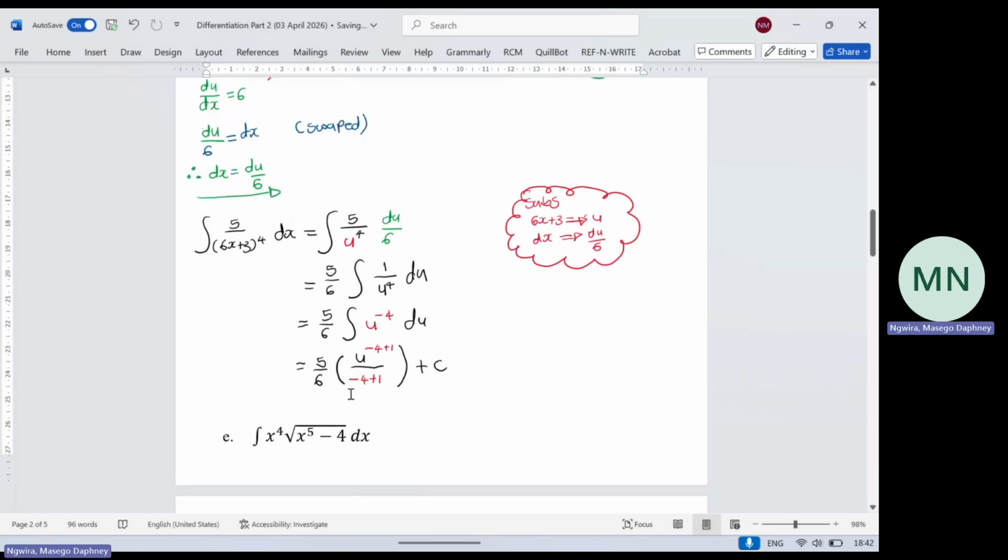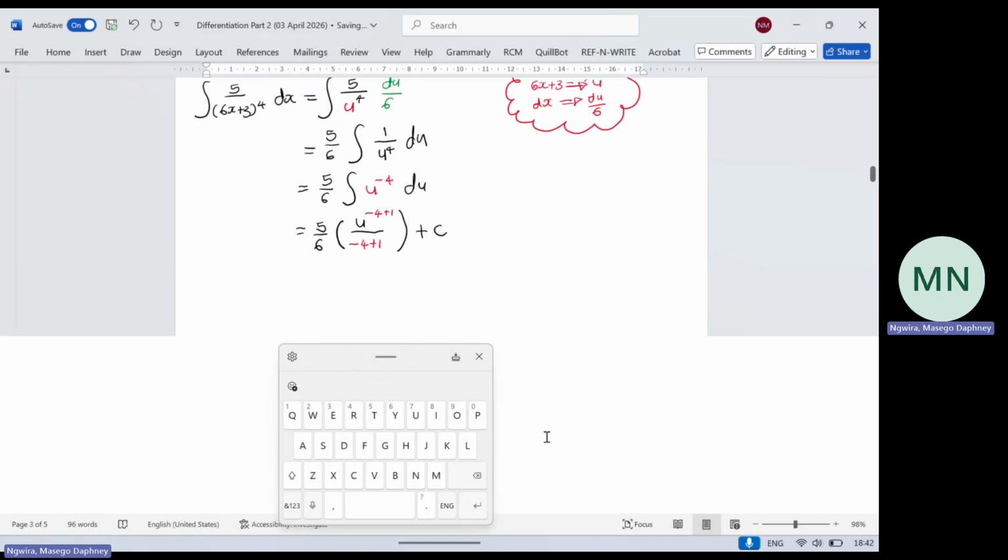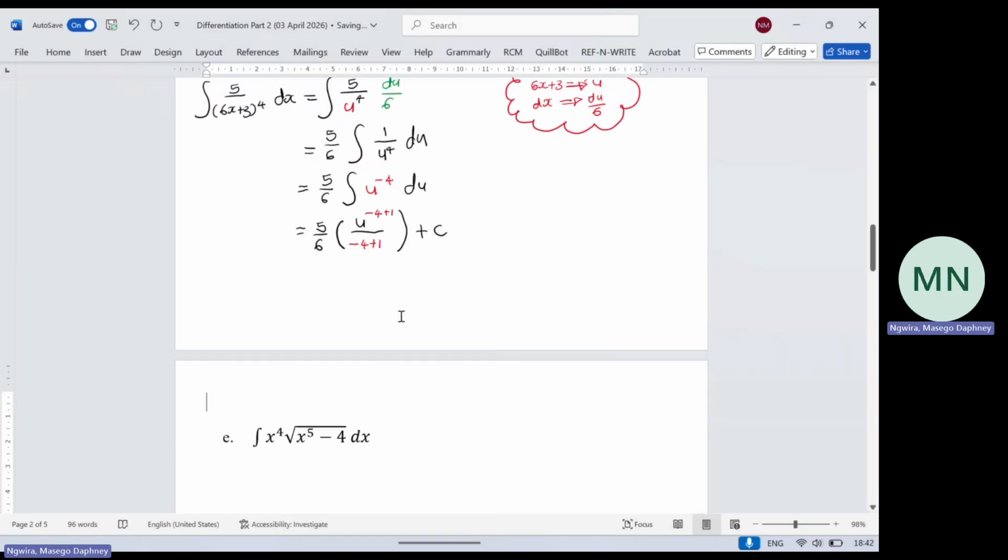Now we can solve. This is 5 over 6 multiplied by u to the power of negative 4 plus 1, which with the calculator gives you a negative 3, over negative 3, then plus c.